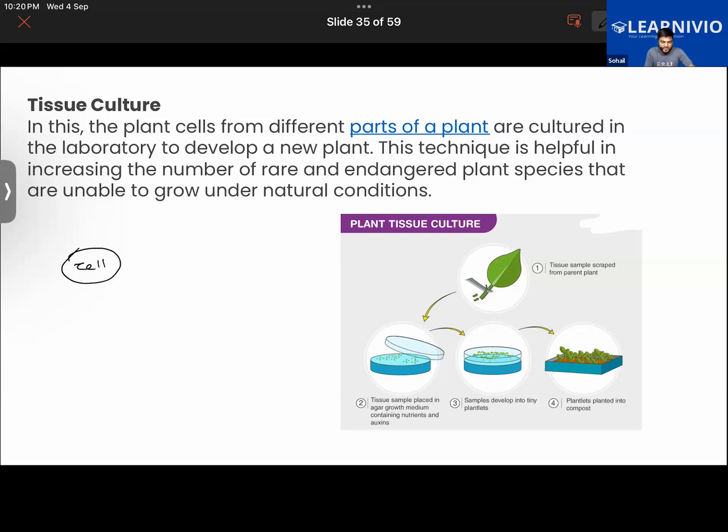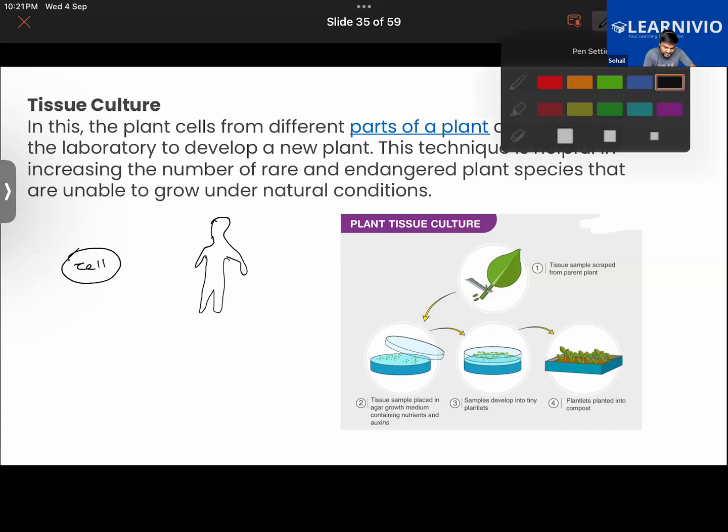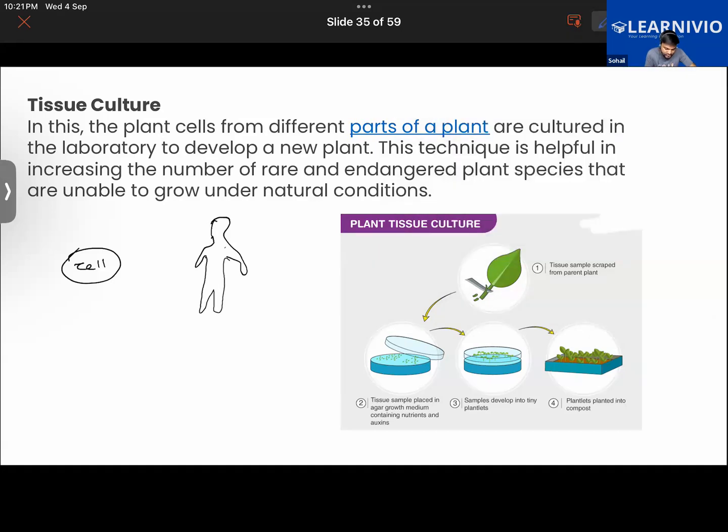So take the example of a human. In the body of a human there are different parts, and different parts are made out of different cells. Take the example of bones, muscles, the heart.